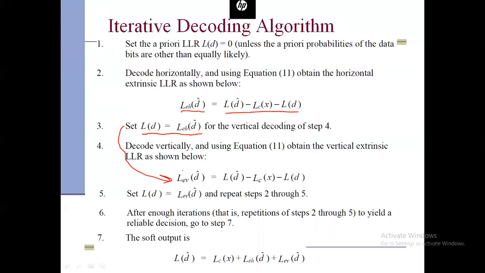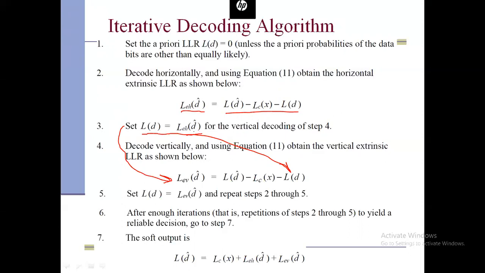Here we take L of D, and this horizontal extrinsic likelihood ratio is used for the iteration of vertical decoding.